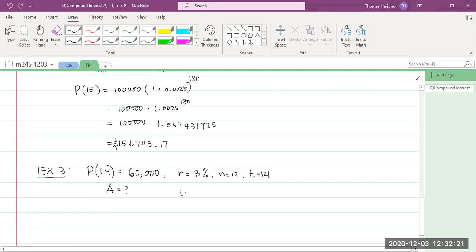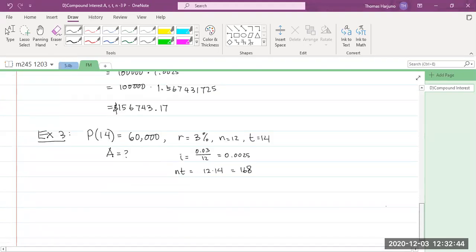We know that the periodic interest rate is 3% divided by 12. That's the same number we have earlier, right? And then the number of periods, the number of times they jump, is 12 times 14. That's 168.